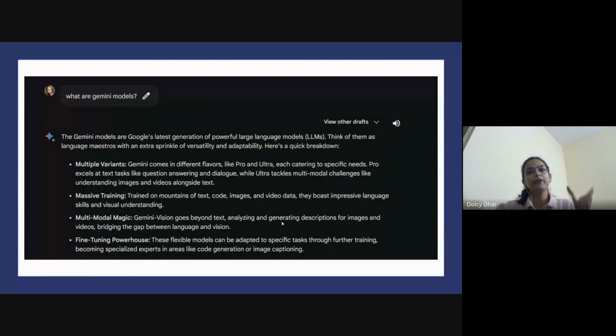If we look at the progression of how large language models have evolved, we see there are a lot of differences in the number of parameters on which these models have been trained, the tokens, and the data they are trained on, whether it is domain specific or not. But the Gemini models that we are looking into are general large language models.